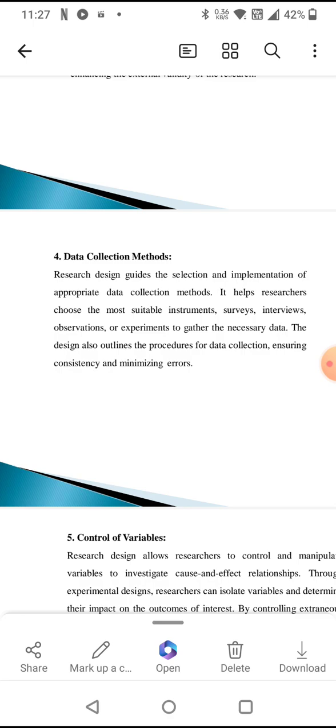It also helps researchers to choose the most suitable instruments, surveys, interviews, observations, or experiments to get the necessary data. The design also outlines the procedures for data collection, ensuring consistency and minimization of variables or resources should not occur.